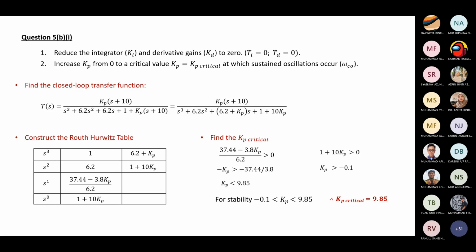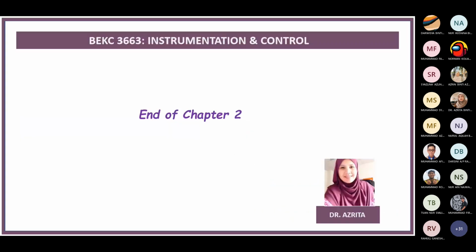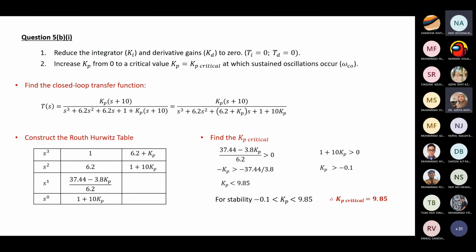Okay, boleh? So don't worry. I will do a revision on this topic since this topic will be asked in your final exam. For week 14, we will have a revision class to focus on the questions for your final exam for my topics.